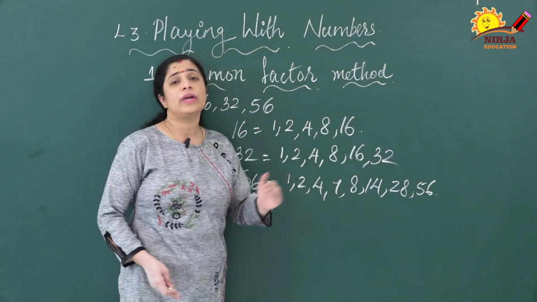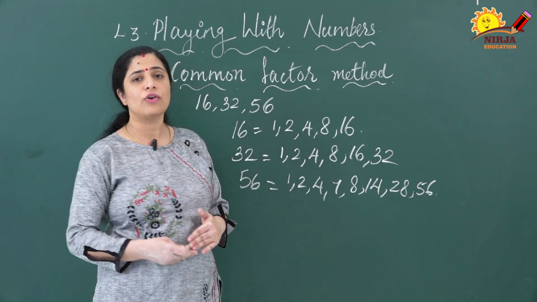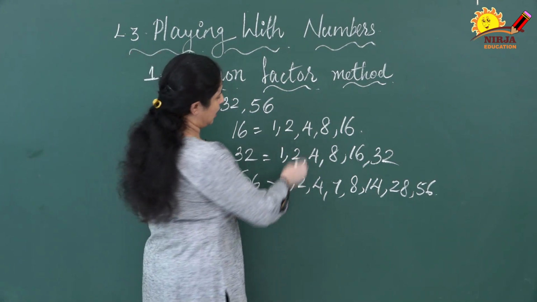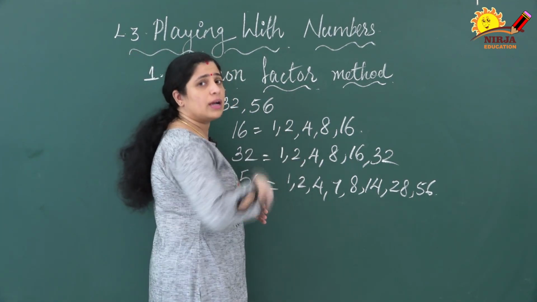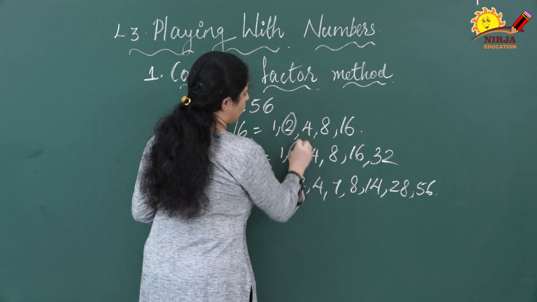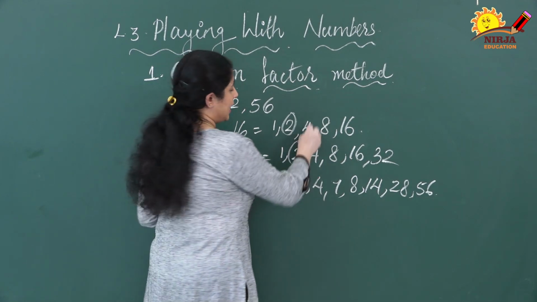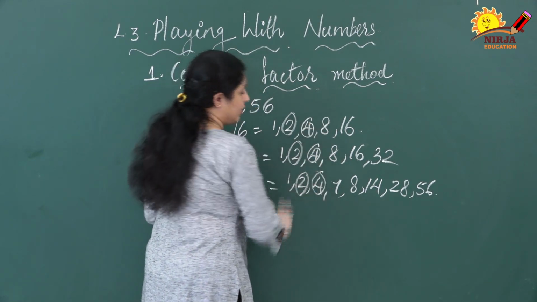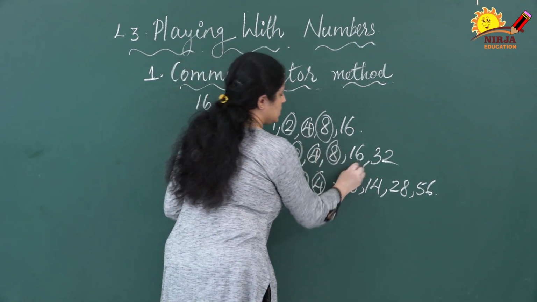From this, now we have to find the common factors of the numbers. What are the common factors here? 1 no need to consider. The other numbers we are going to consider: 2 is common everywhere, 4 is common everywhere, and 8 is common.